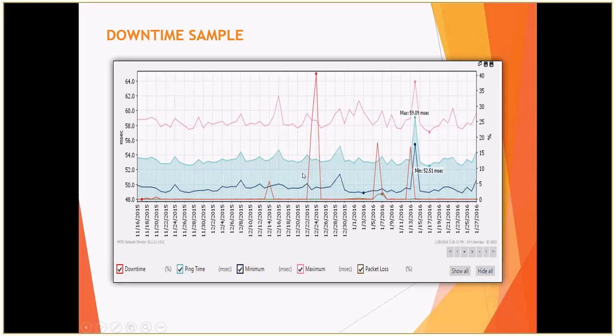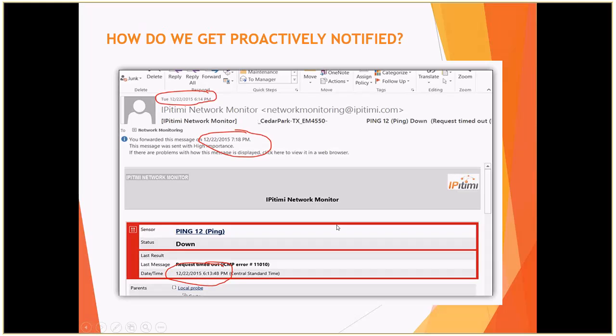So how do we get proactively notified? Because this network monitoring tool is very flexible and does its job very well, it immediately sent out an email notifying the network administrators that the network was down. As you can see right here, we received the email way back on December 22nd. We can go back before that because of the historical reporting feature of the network monitoring tool.